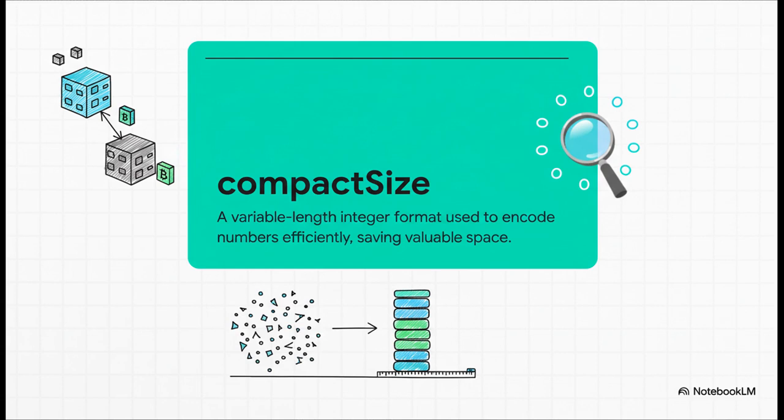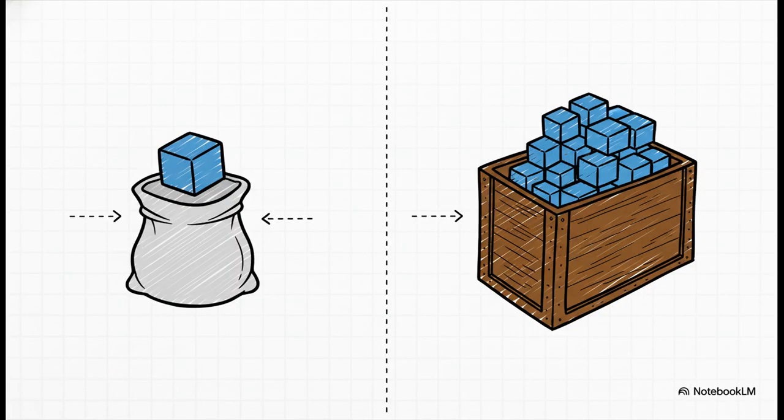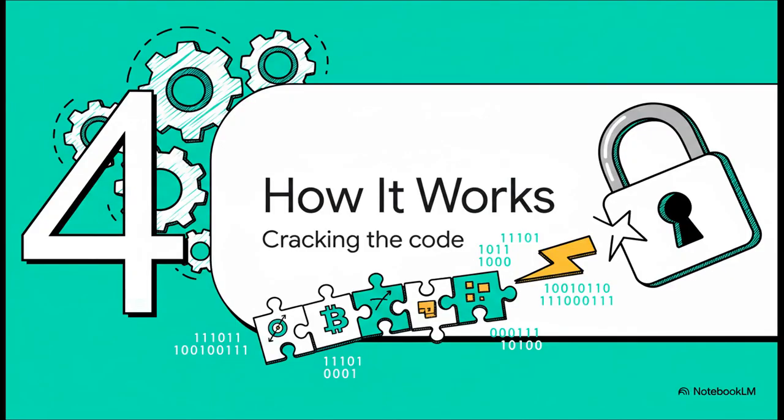And that's absolutely crucial when every single byte counts on the blockchain. You know, I love this analogy because it just makes perfect sense. You wouldn't use a massive suitcase for just one pair of socks, right? It's just inefficient. You'd grab a small bag. Well, CompactSize applies that exact same common sense logic to data. Small number, small bag. Big number, big bag. Simple.